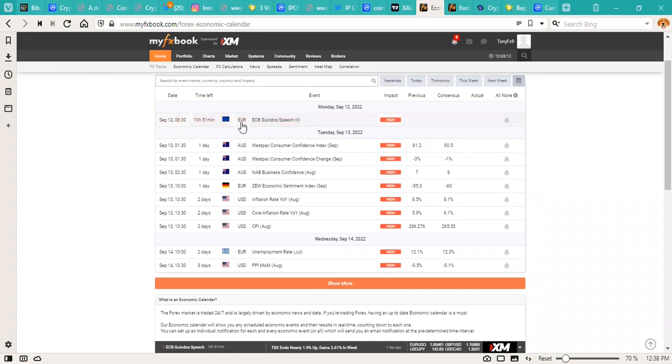Euro will be having some massive news by the ECB Goodall speech. And when that happens, there will be some good volume, because you can see it has high volatility. So on Monday, exactly by 8:30 a.m. Nigerian time, West African time, there will be some hyper news on euro, which is going to push the market down. So you have to put this on your calendar and get ready for your trades by 8:30 Nigerian time.